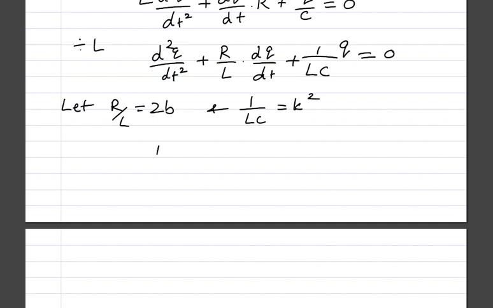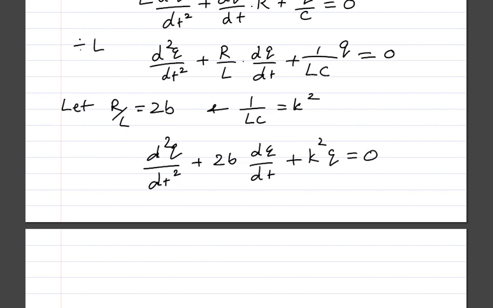So now d²Q/dt² plus 2b dQ/dt plus 1/LC, which is k squared, Q is equal to 0.